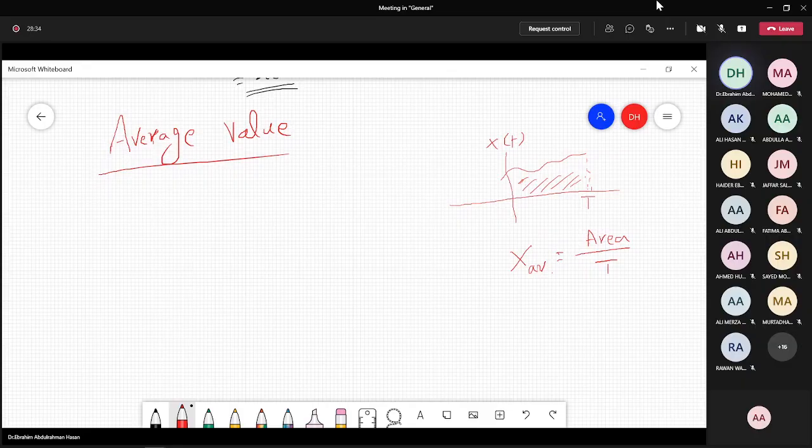Okay, area under the curve, in general, is equal to integration.